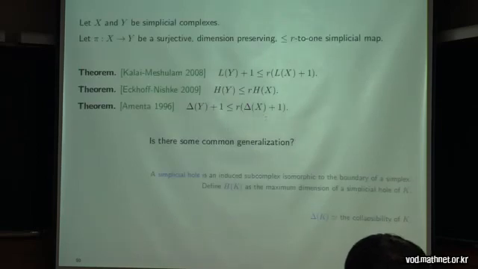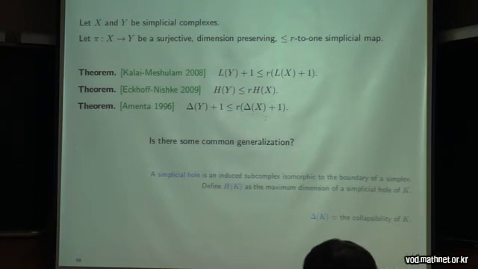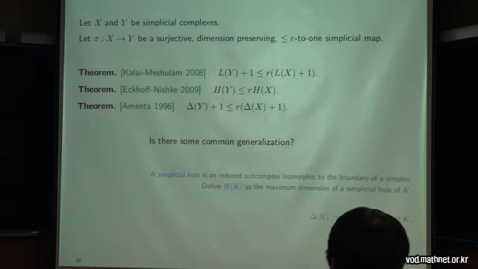Or it can be some index which is close to what we call the collapsibility of K. It's not exactly the collapsibility of K, but you have a certain filtration of your complex and you're looking at the boundaries of simplices that are minimally missing at a point but get filled.